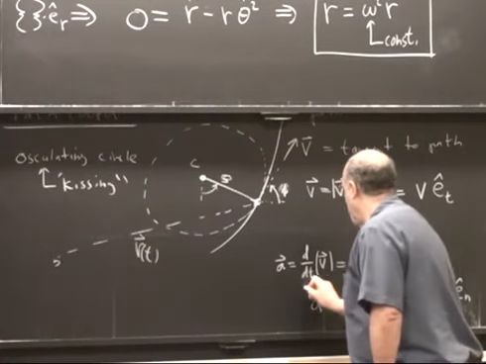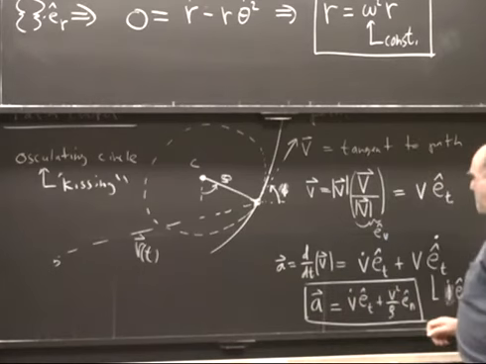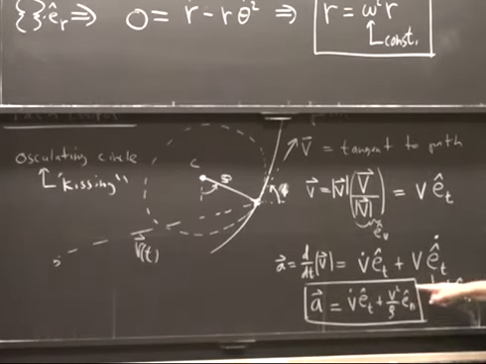Now why this is so cool is that this is the formula we had for acceleration in circular motion. And what this says is that all motion is circular motion in some sense.